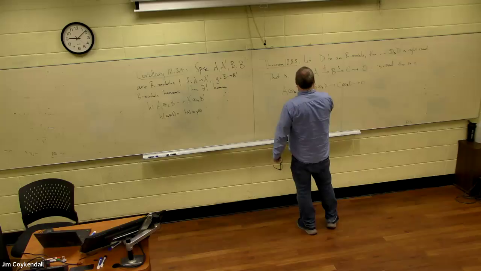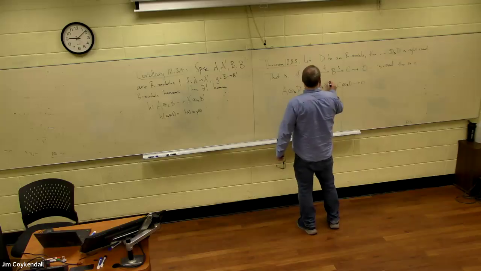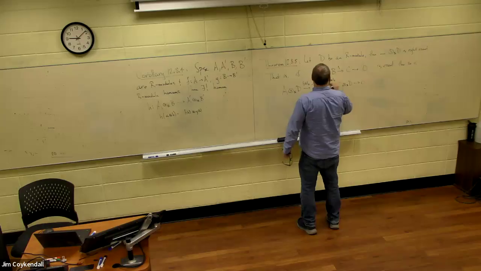And this is f ⊗ identity on D, g ⊗ identity on D.